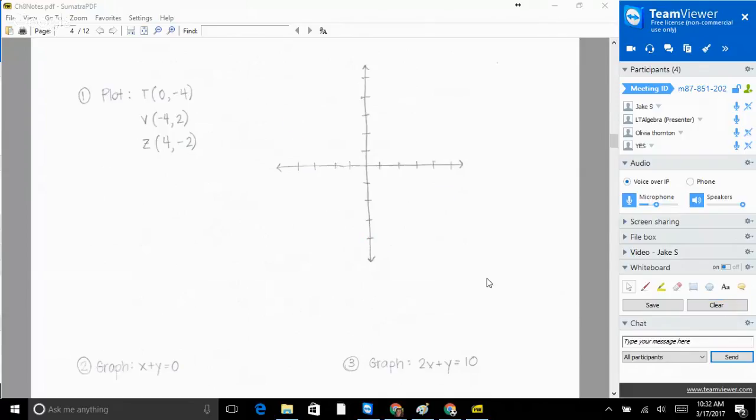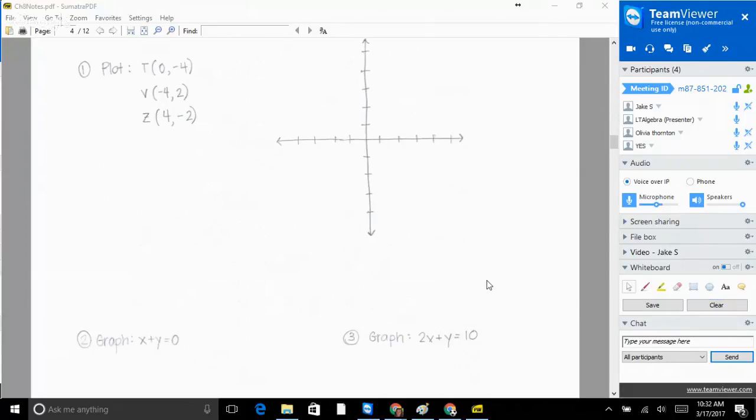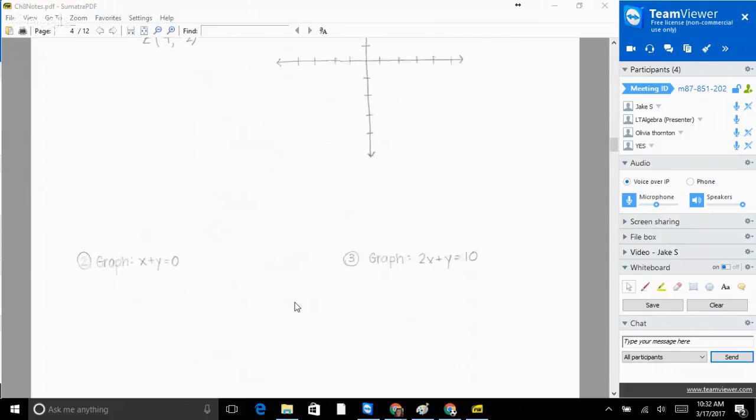Okay, so now the second part of 8.2 is graph these equations. So all of a sudden it's like, whoa, where did that come from? What are we talking about, right? I think we talked about on Monday that we are entering a new era of algebra where we don't just have one variable, we have two variables, right?